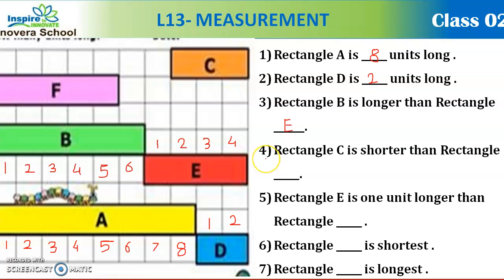Now we will move to the next question. Fourth one. Rectangle C is shorter than a rectangle dash. Rectangle C is in orange color. Now we can count the blocks there: 1, 2 and 3. Three blocks are there.